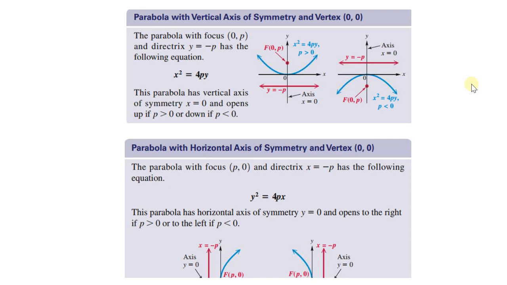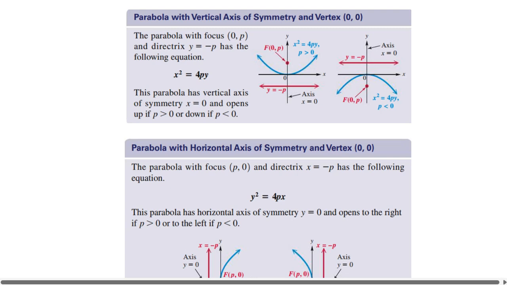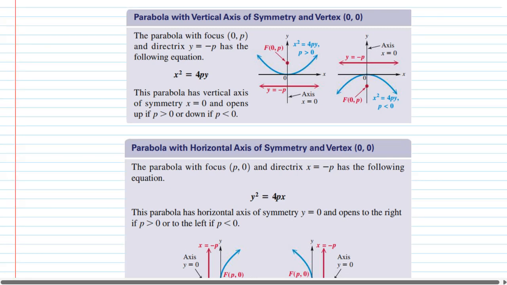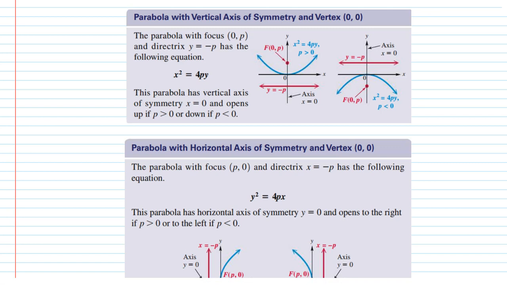Okay, so for vertical parabolas in polynomial form, if you remember, those were y equals ax squared plus bx plus c, the quadratic function. And we had the hk form, which is y equals a(x minus h) squared plus k. We will see the parallel between the hk form and the directrix form.